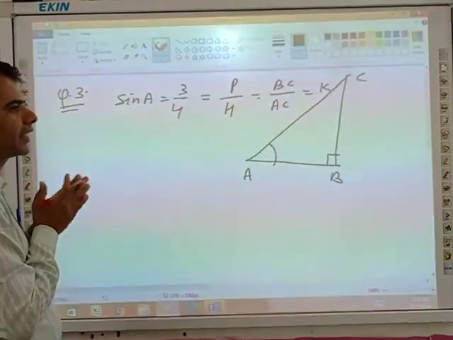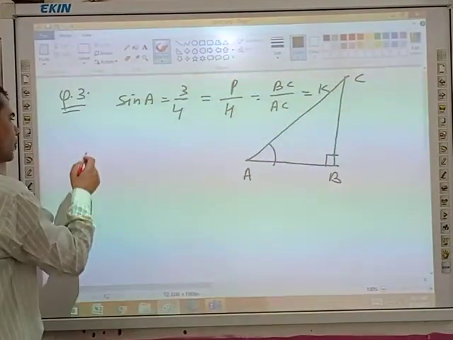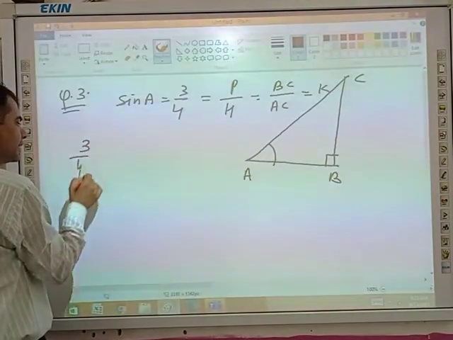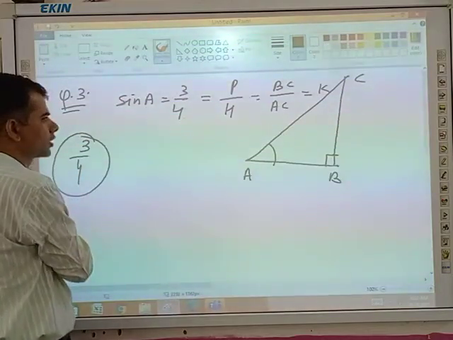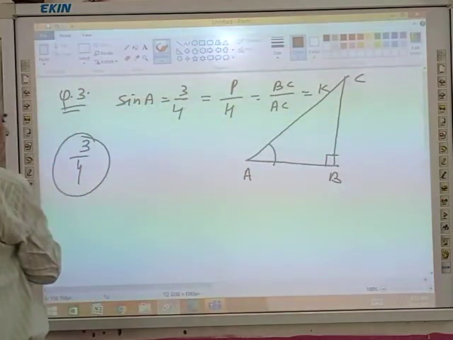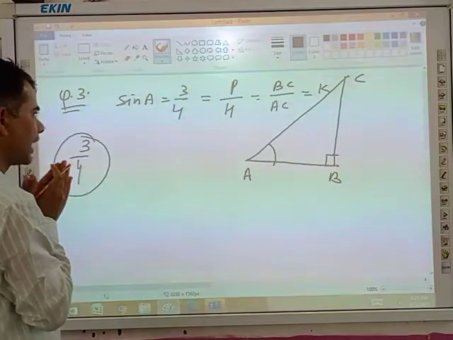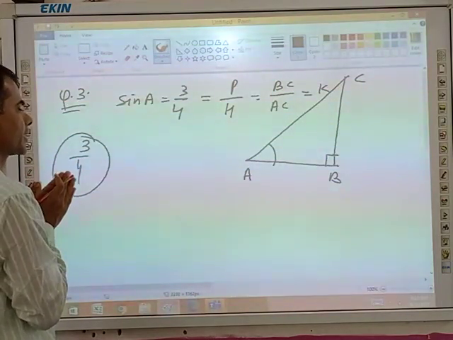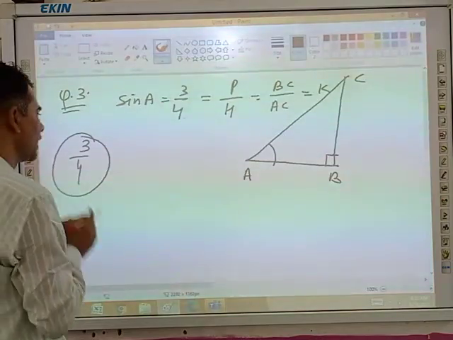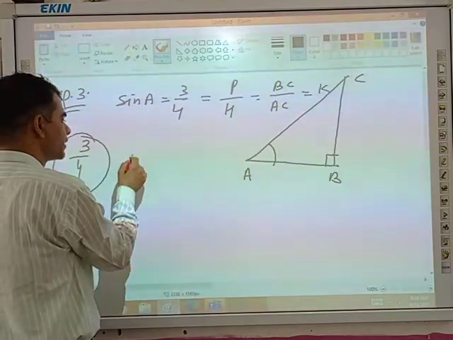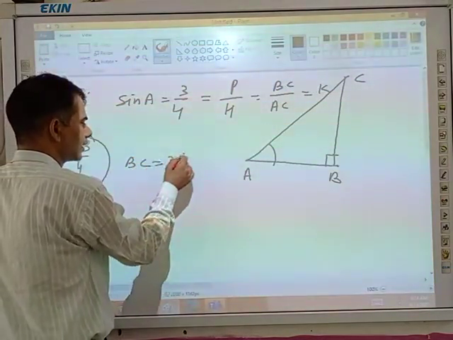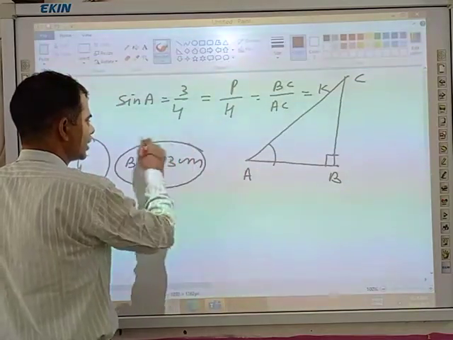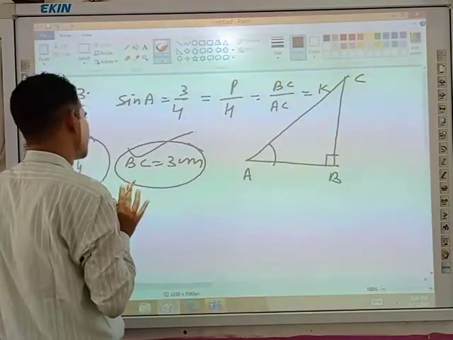Why are we taking K? 3 by 4 means the side is not fixed, distance BC is not fixed. If it is written that BC is equal to 3 centimeter, it means it will be 3 centimeter.